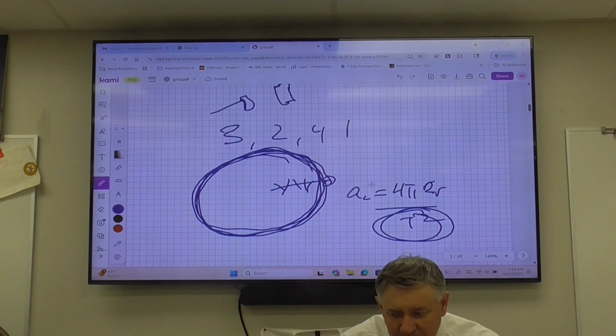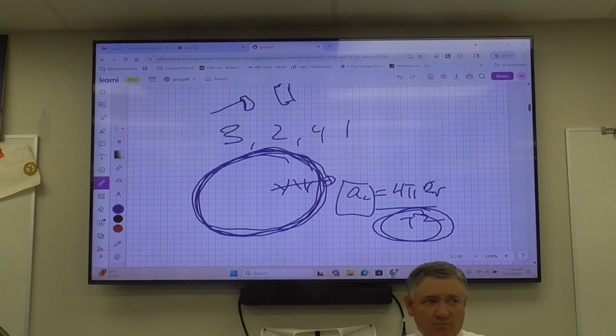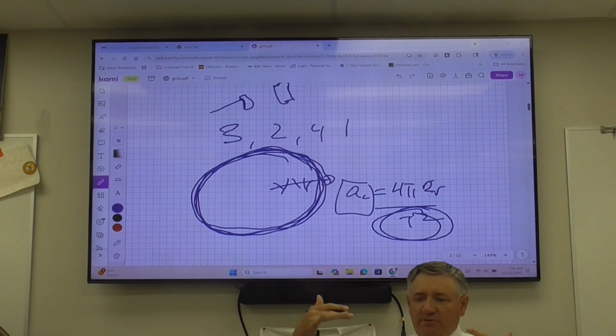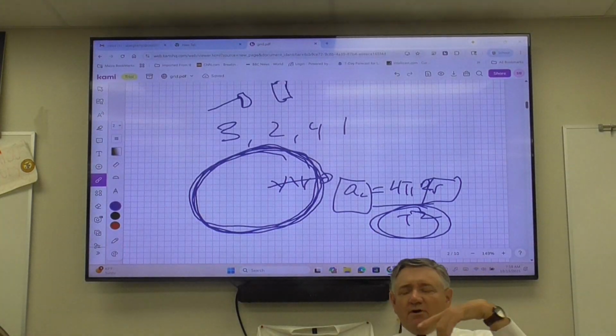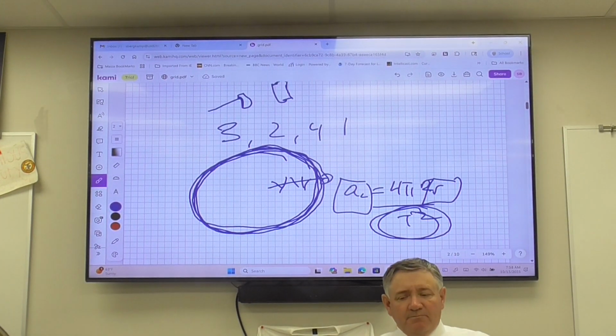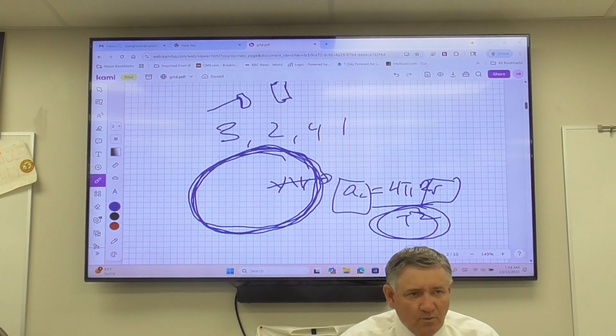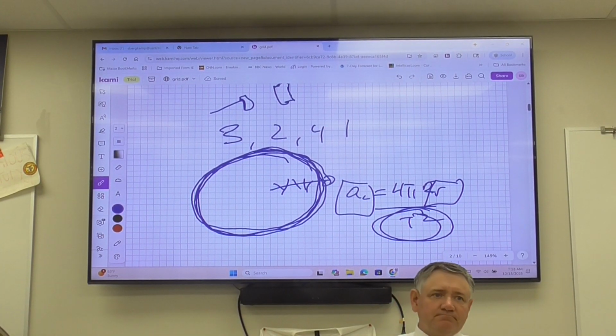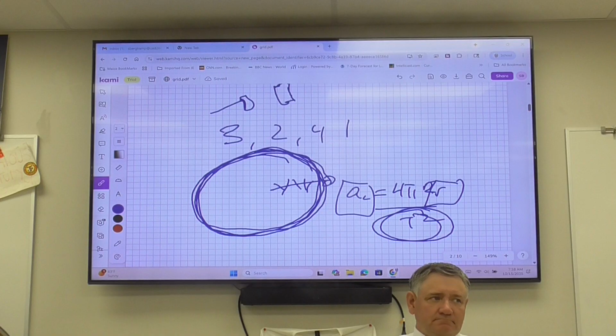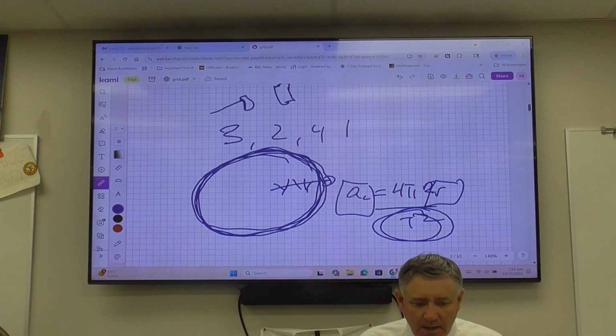So to create a bigger centripetal acceleration, which is what you would feel, if you're on that outside and you're moving around, obviously, since it's 4 pi squared r over T squared, if you want a bigger centripetal acceleration, what do you need to do with the radius? Make it bigger, okay? There you go.